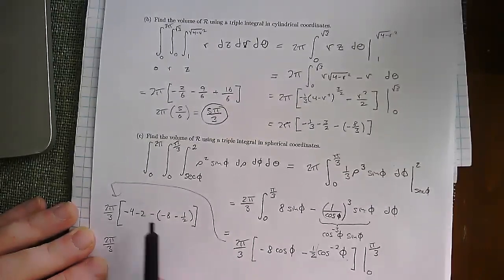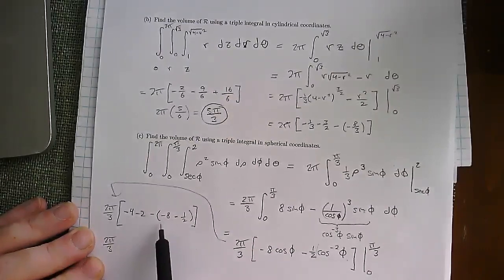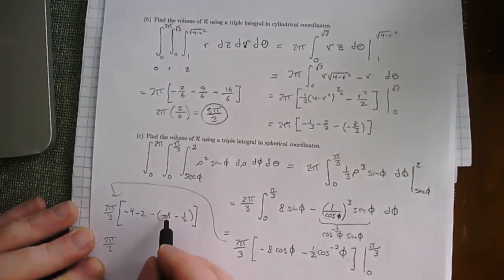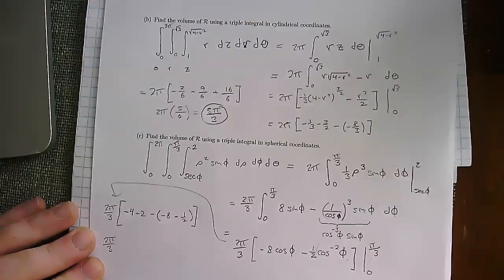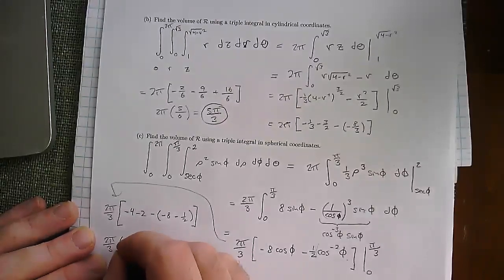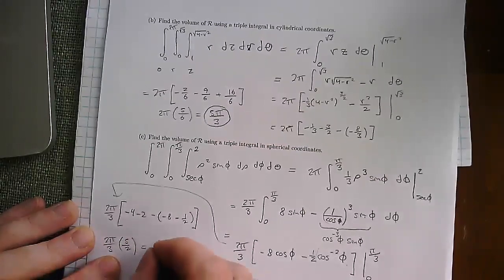Let me make sure I did that right. Negative 6, 2. Oh, sorry, this should be plus 1/2. So we have negative 6 plus 8 is 2, minus negative 1/2 is 2.5. So 5/2. There we go. And cancel the 2's, and we get 5 pi over 3. So same answer.